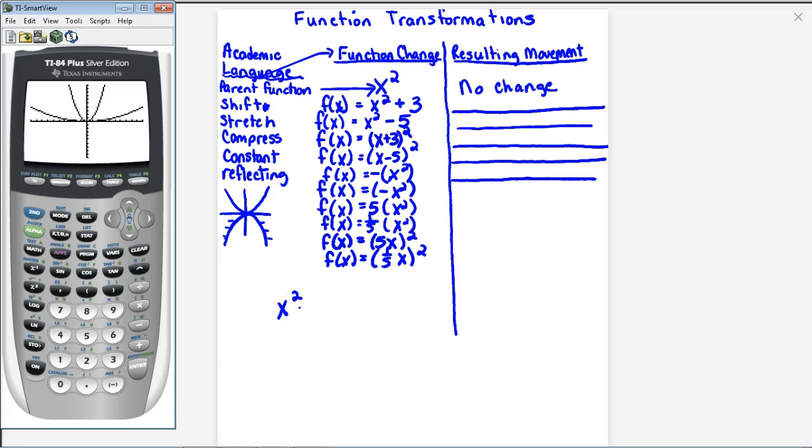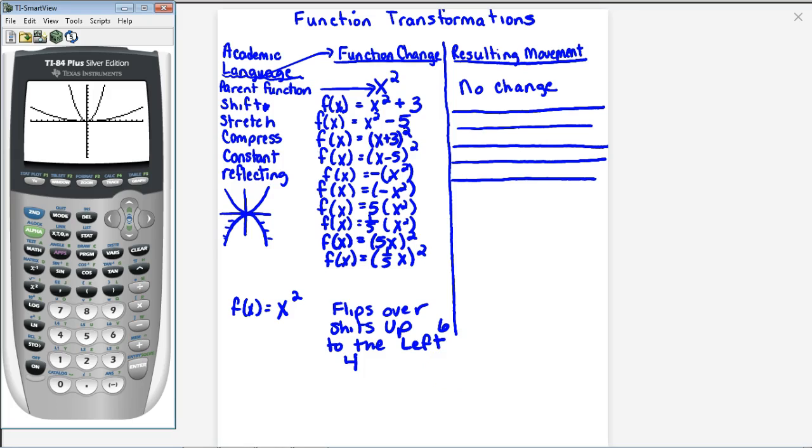I want you to create a function from x squared that flips it over, shifts it up 6 and to the left 4. Okay? Up 6 and to the left 4.